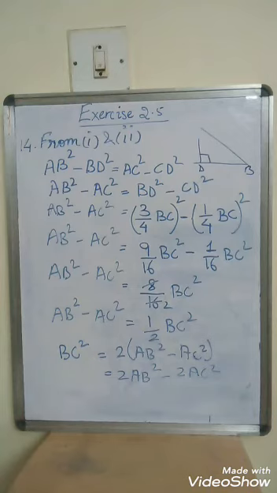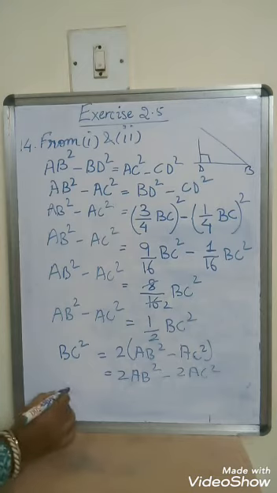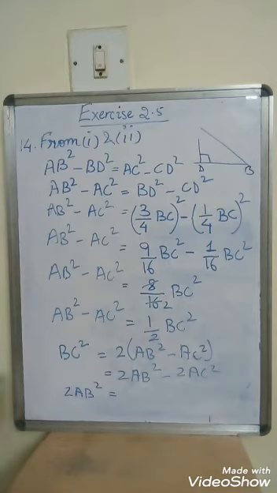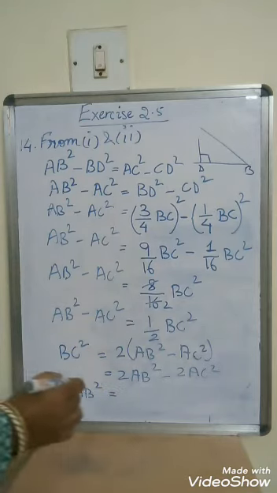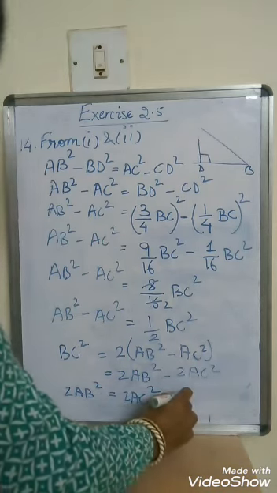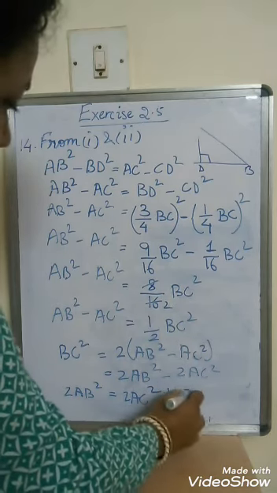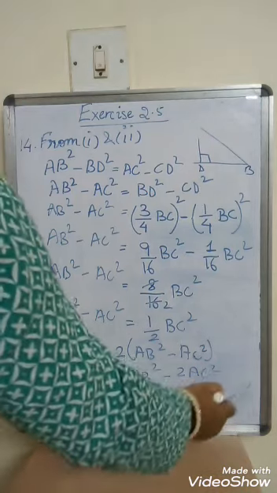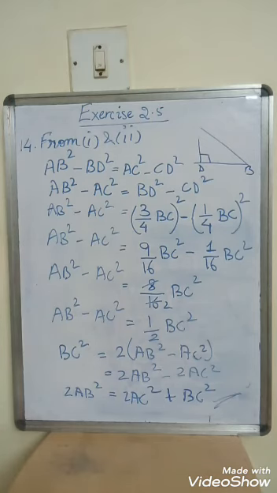Now I bring 2AB square this side. 2AB square, which was asked for us to prove, is equal to 2AC square plus BC square, right? So this is what was asked to us to prove. Is it clear? So this is question number 14. Next we come to question number 15.